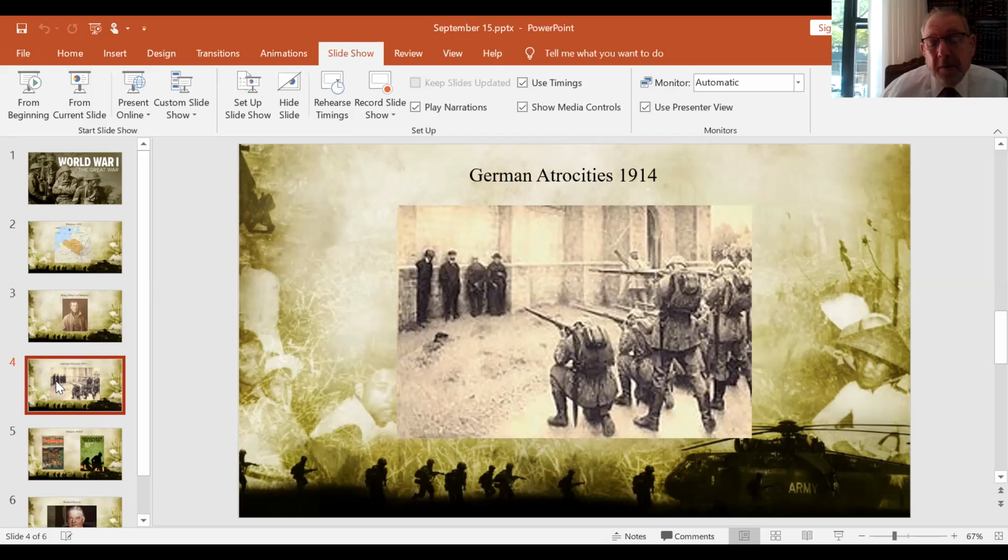So now it became a moral obligation to fight against Germany. But unfortunately, as is usually the case, this makes for great newsprint, and so some of the atrocities were further embellished. There were stories about nuns being raped and hanged from trees, all kinds of things. This is not to say that rape and murder didn't occur, but some of the lurid details were really beyond what was real.